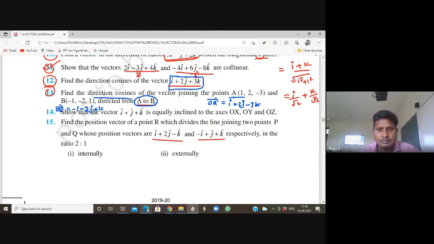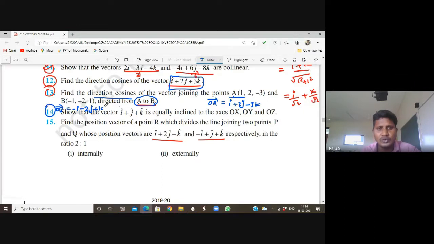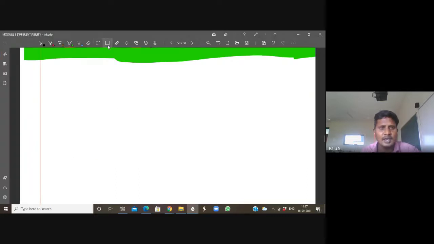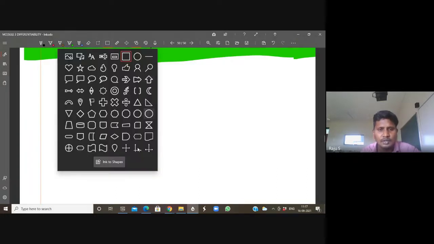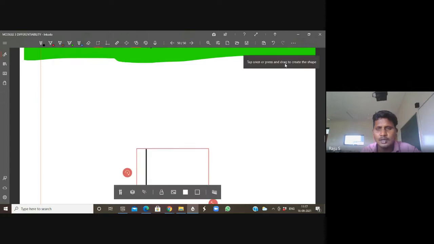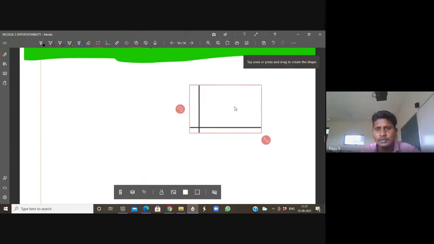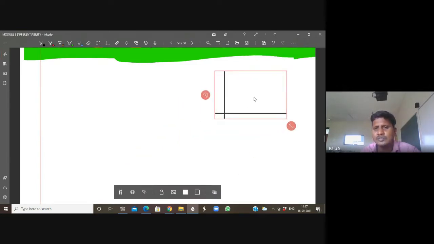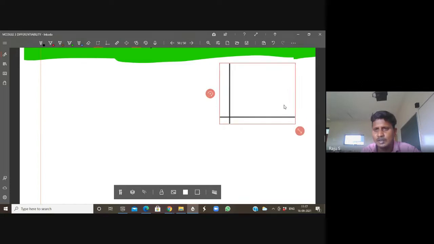Coming to the next question, the 14th one. Show that the vector i plus j plus k is equally inclined to the ox, oy, oz. See here, for example, you can take a room, like a classroom. A classroom belongs to three dimensions.